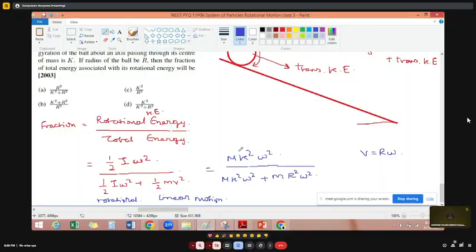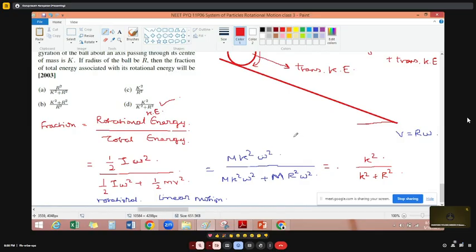If I take omega squared commonly out, m and omega squared will cancel. What is left is only k squared. Option D. Yeah, k squared divided by k squared plus R squared. That means D, right?